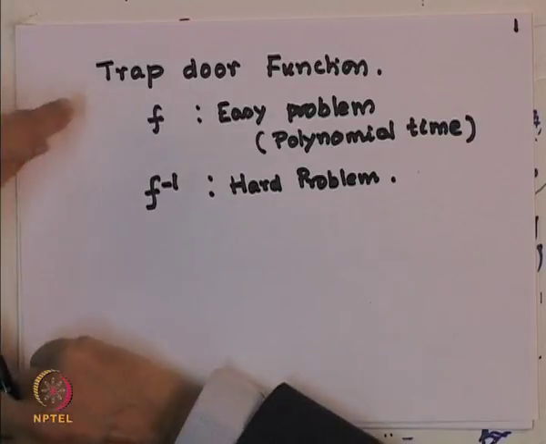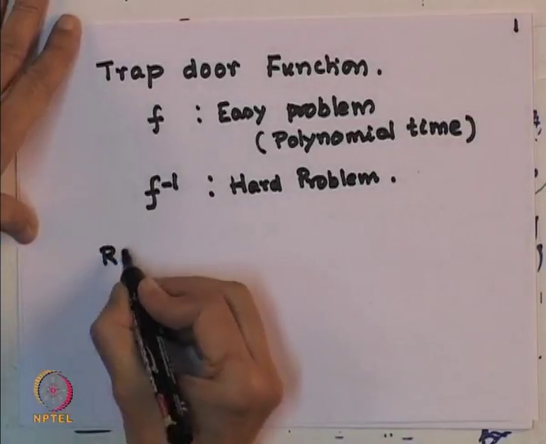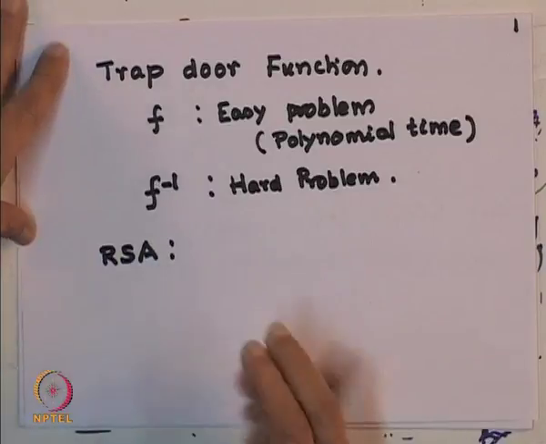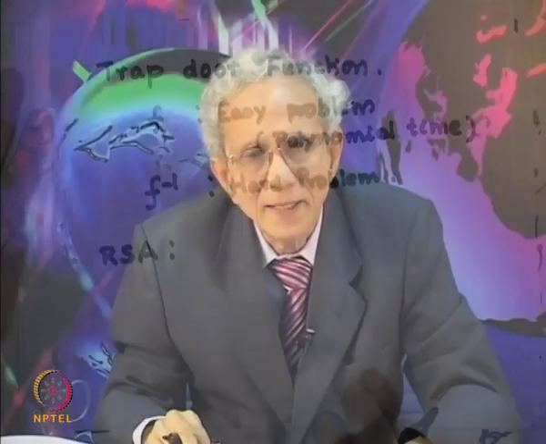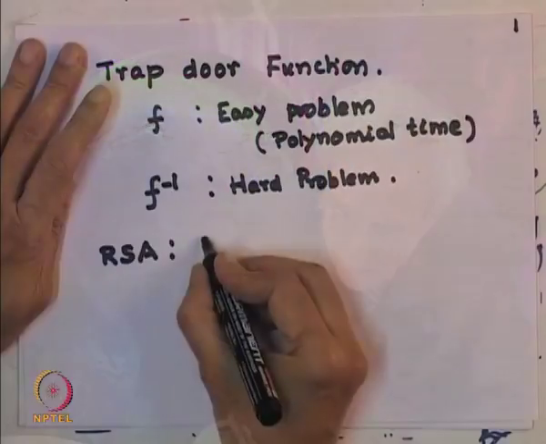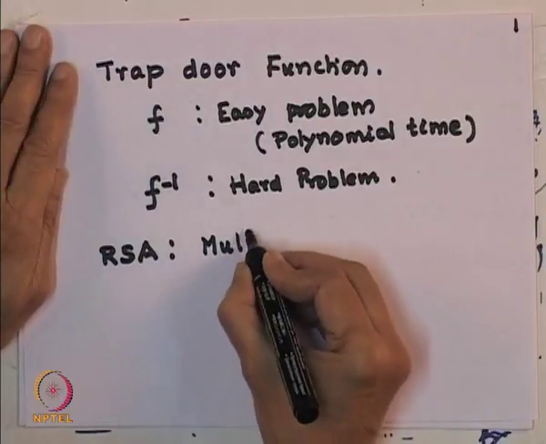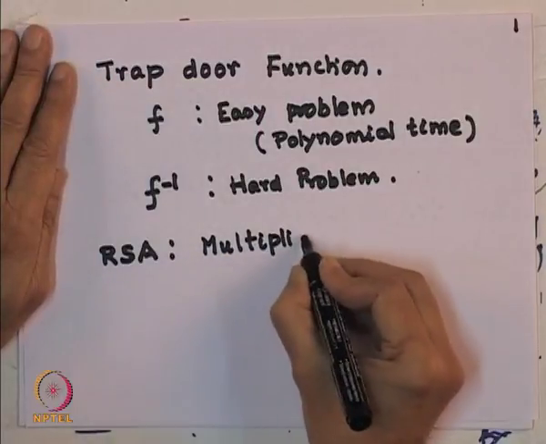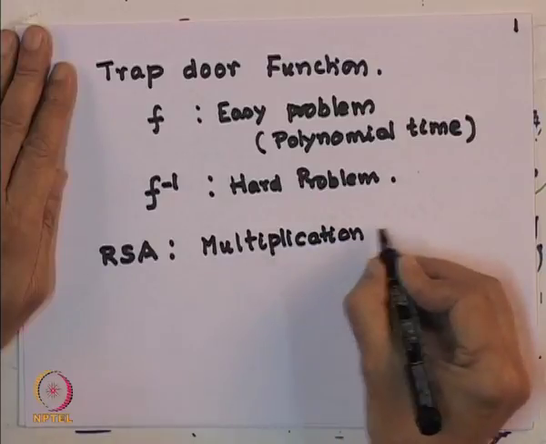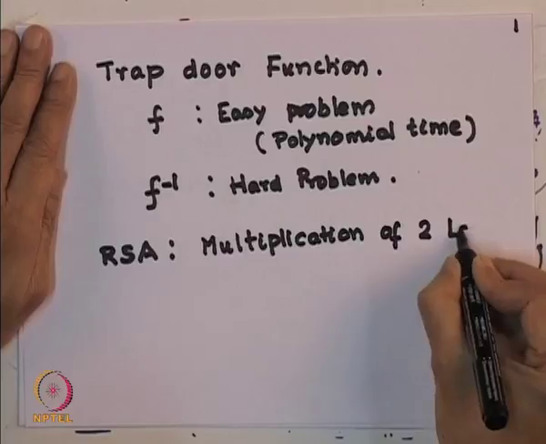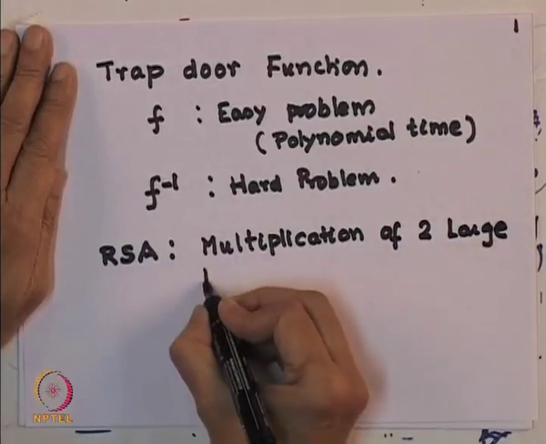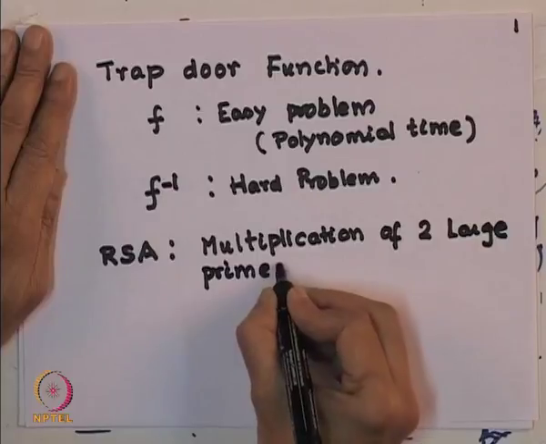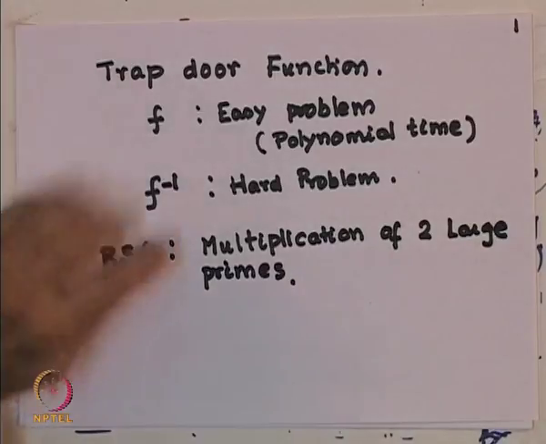Now, what RSA does is to choose the following as examples of the trapdoor function that we use. The easy problem is multiplying two large primes. So, multiplication of two large primes is my one-way function.